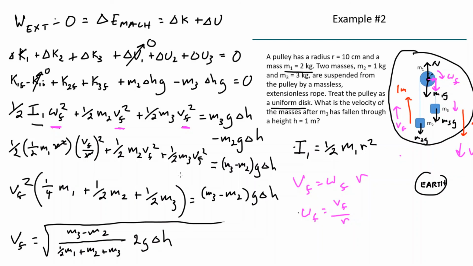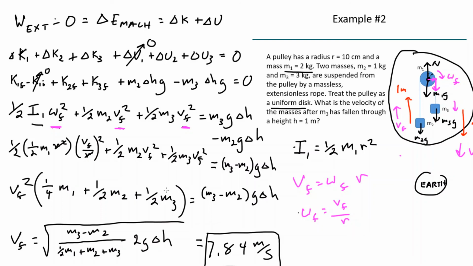So that's my formula here. And if I plug my numbers into this, I end up getting that this final velocity is 7.84 meters per second. Okay, so this is a really cool conservation of energy problem you can do once you know how to deal with rotational kinetic energy.